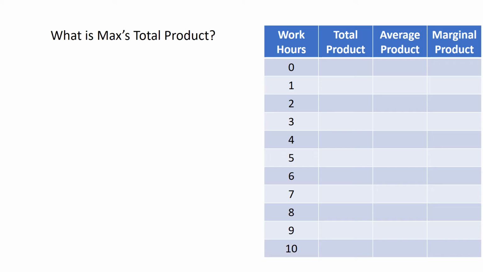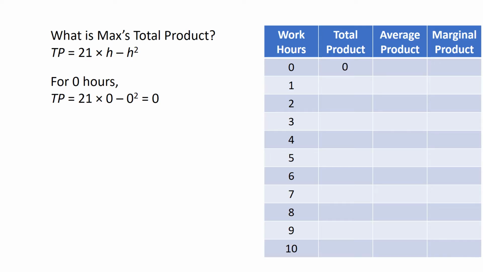What is Max's total product? Well, it's just 21 times h minus h squared. So for 0 hours, his total product is 21 times 0 minus 0 squared, which is 0. For 1 work hour, it's 21 times 1 minus 1 squared, or 20.